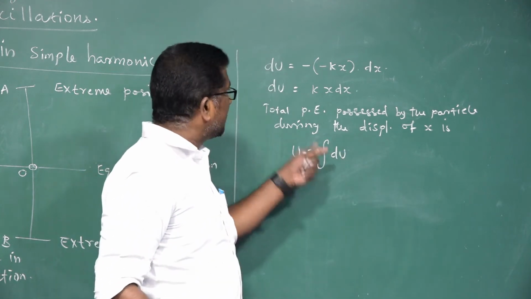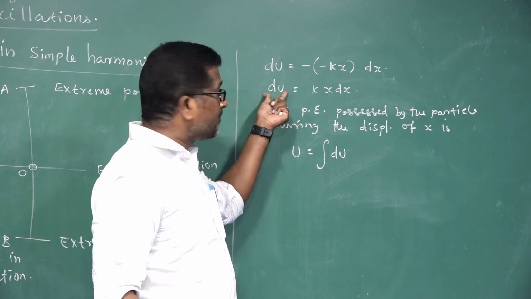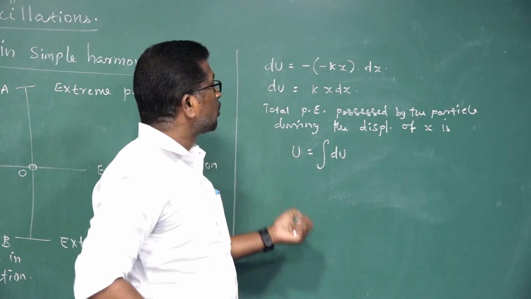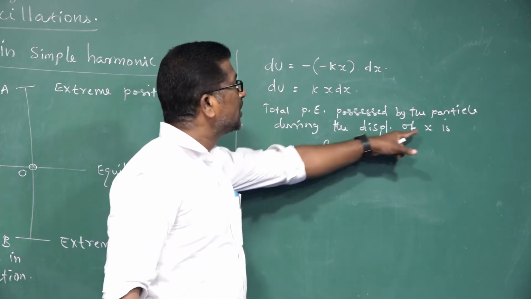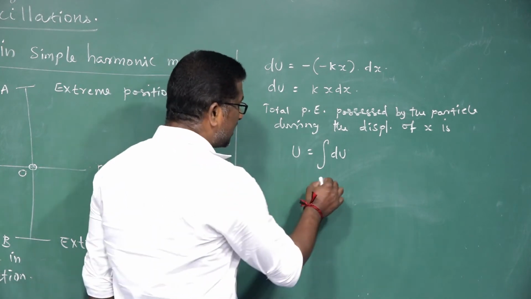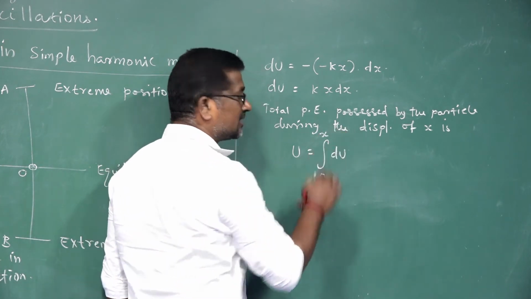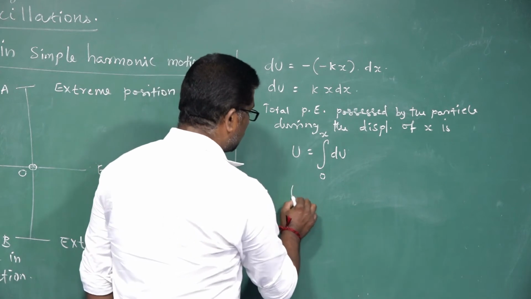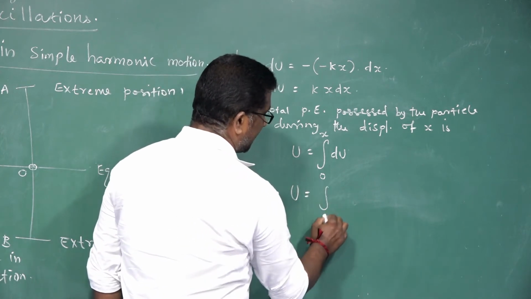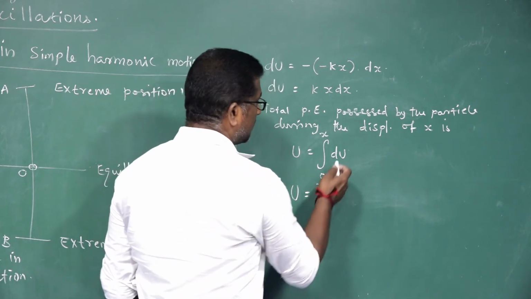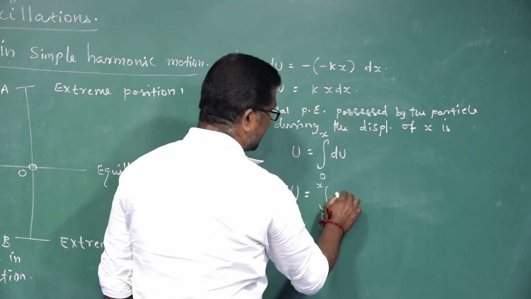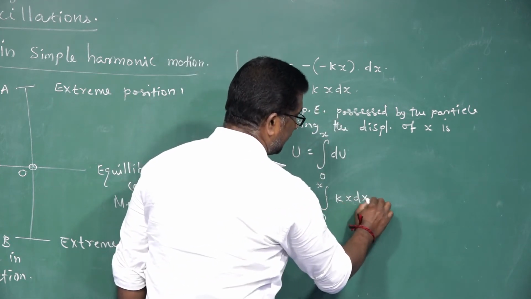By integrating this small potential energy, we can get the total potential energy possessed by the particle during the displacement of x. Here the limit is taken from 0 to x. Right? Then u is equal to integration with limit from 0 to x, and du is equal to kx into dx.